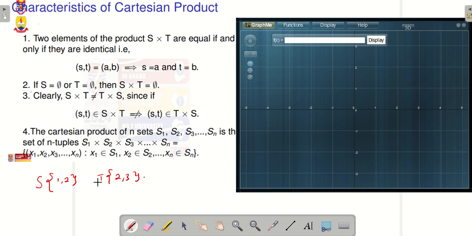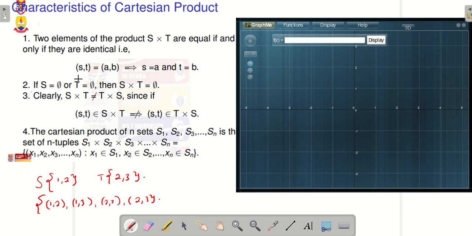Forming a Cartesian product from these two sets, each element is going to be unique. So for example, I will get (1, 2) as one of my products. I can also get (1, 3) as another product, I can get (2, 2) as another product, and finally I can get (2, 3) as a product.